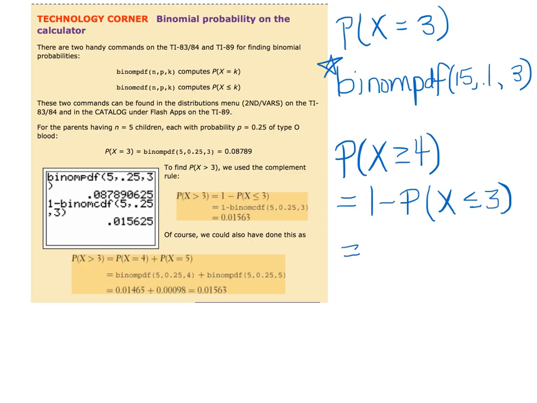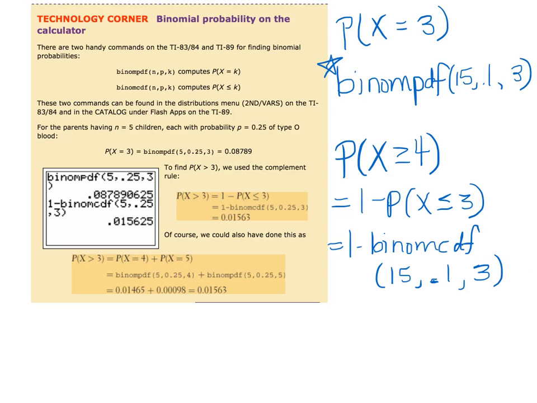And so then I can do 1 minus binomial CDF, where N is 15, the probability is 0.1, and 3 is the maximum number of successes that I'm looking for.